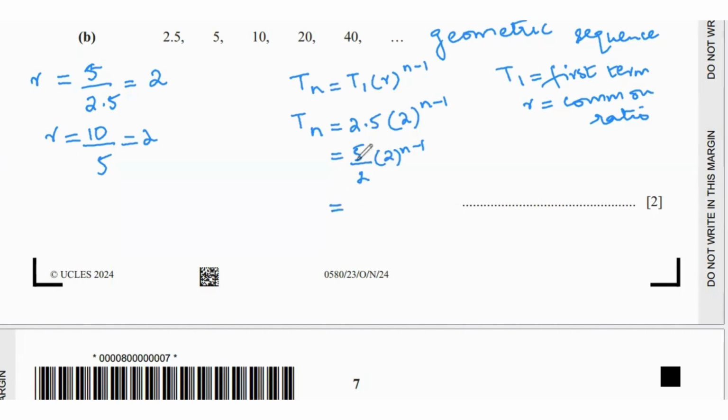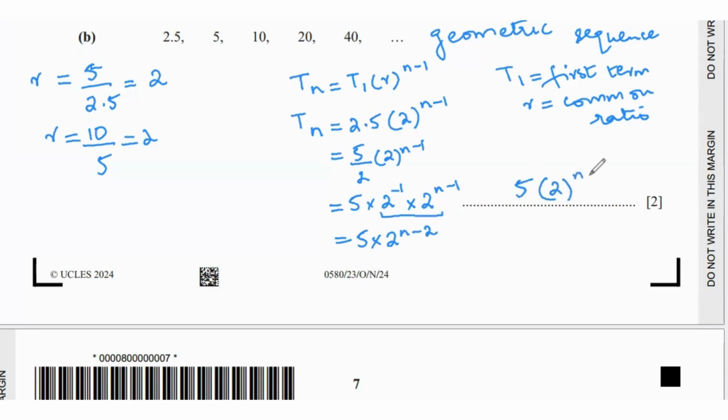So over here, if we move 2 from the denominator to the numerator, the power will change to negative 1. So this is what we have right now: 5 times 2 to the power of negative 1 times 2 to the power of n minus 1. So we can combine these 2's because they share the same base. Whenever similar bases are being multiplied, we add the powers. So that's 5 times 2 to the power of n minus 2.